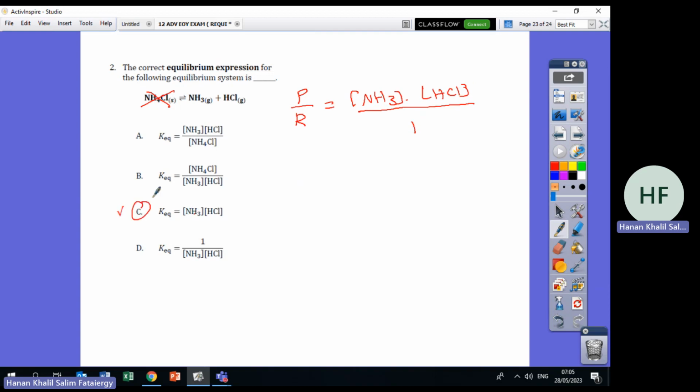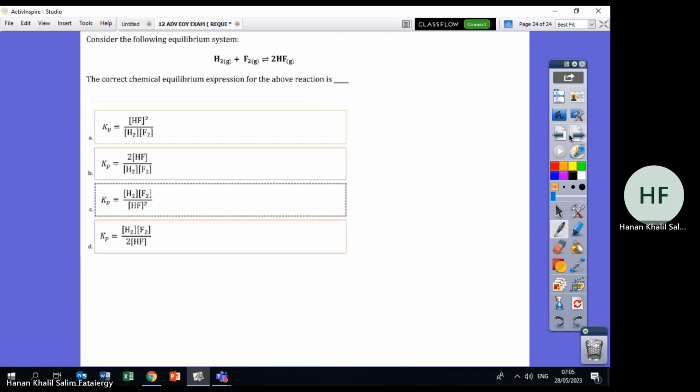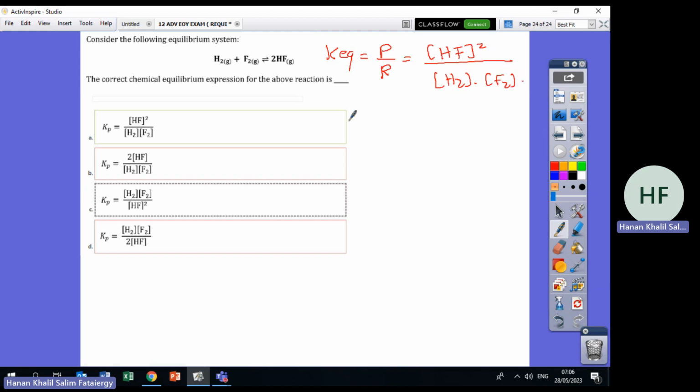Okay, so this is the correct answer. Okay, this is the last question. Here all of them are gases, so we will not cancel anything. So we will say KEQ will be P over R. It will be HF square over H2 times F2. Okay, so the answer is A.